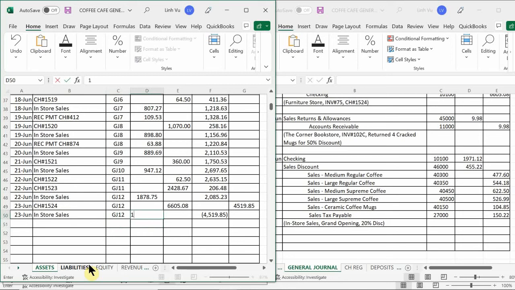So I got $1,971.12. So how much is my account balance now?